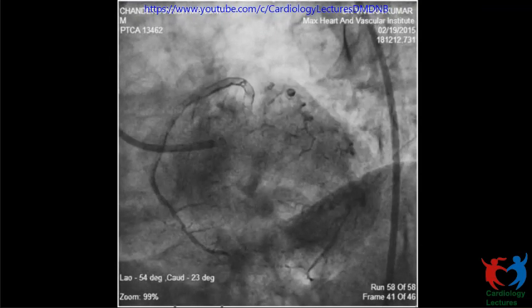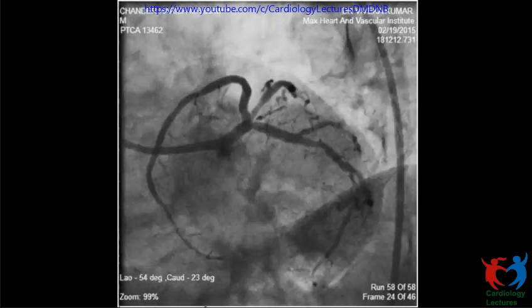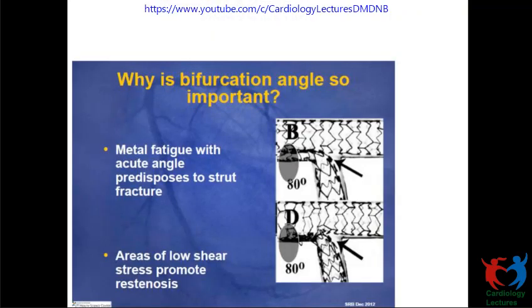Ideally for the DK crush, 2 POTs and 2 kisses are optimal. I believe it. It's not that every person does it the same way, but definitely this gives a much better result, mainly when you want a re-intervention, not only thinking about an optimal result at present, which can come within 1 POT and 2 kisses.